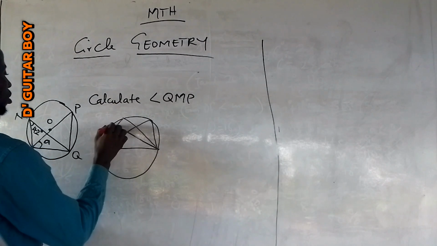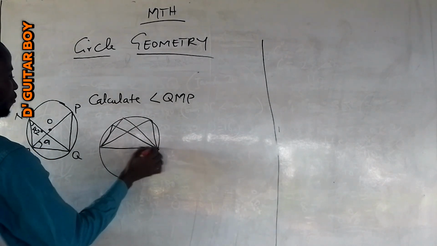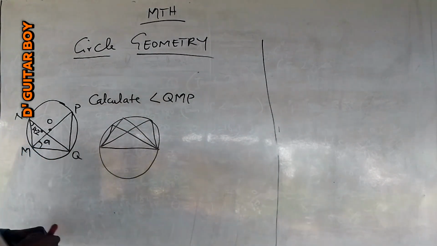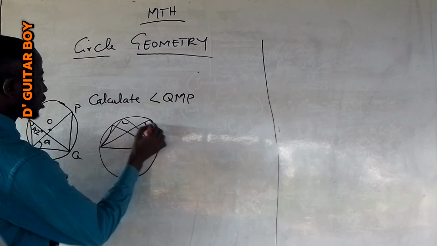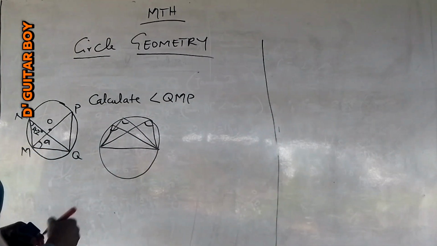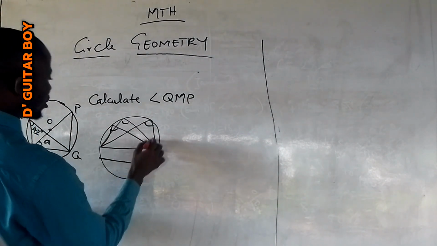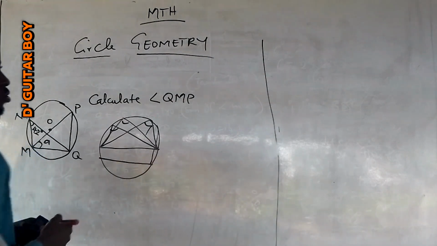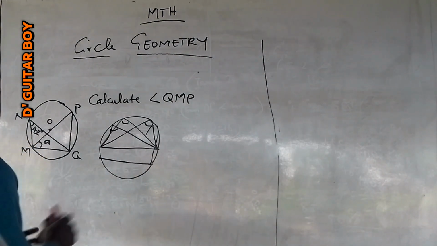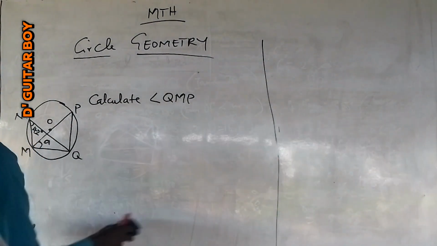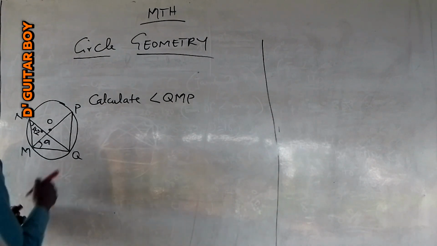However you draw it, in as much as they start from here and end here, they are the same. So this angle is the same as this angle is the same as this angle. In as much as they are angles on the same segment, they are equal. So with that, you can calculate this angle.